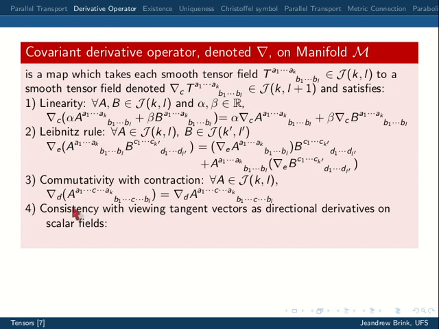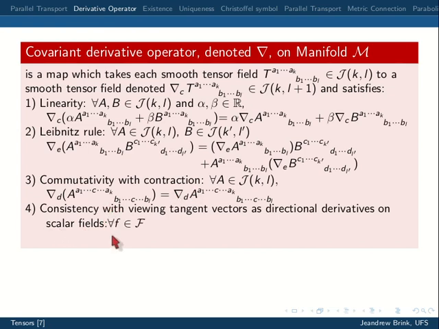Then the next condition is that there must be consistency with viewing tangent vectors as directional derivatives. Remember we defined our tangent vector as a directional derivative on a scalar field, and we want this derivative operator to do the same thing.